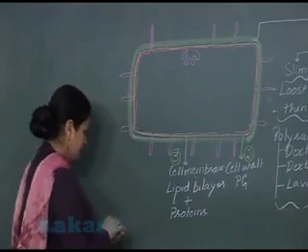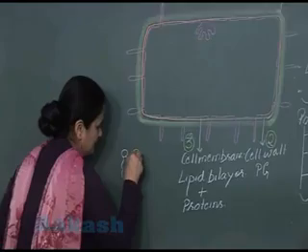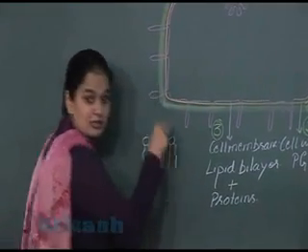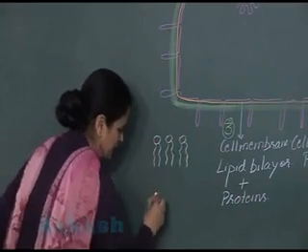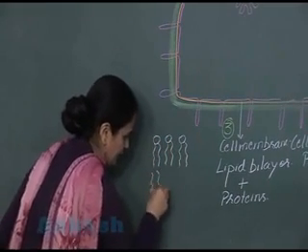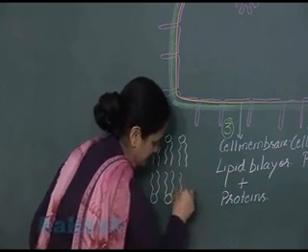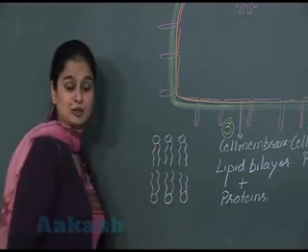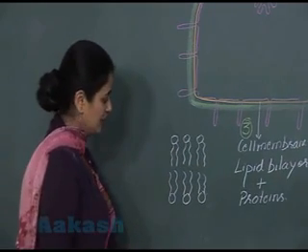Now, as we have discussed previously, in the cell membrane there is the presence of phospholipids. These phospholipids are present in the form of a bilayer. You can see here, two layers are present, a bilayer arrangement.